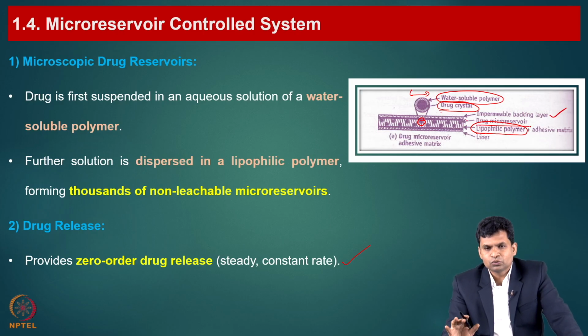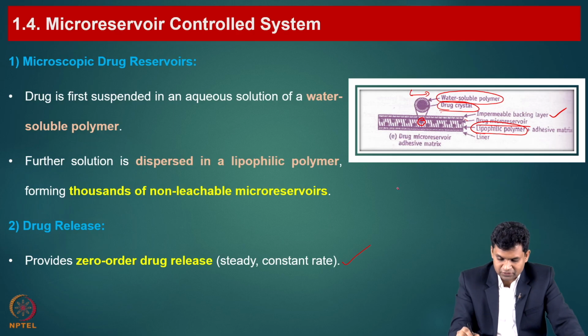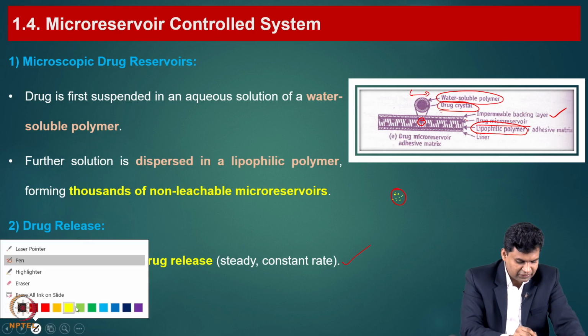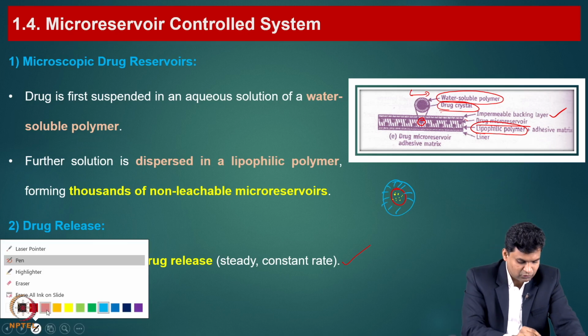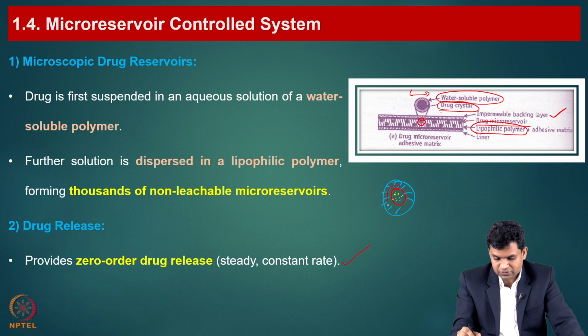So, here what we are doing is that here is the first reservoir, and after that we are taking that water soluble polymer into another system. So, this is called a microreservoir system.